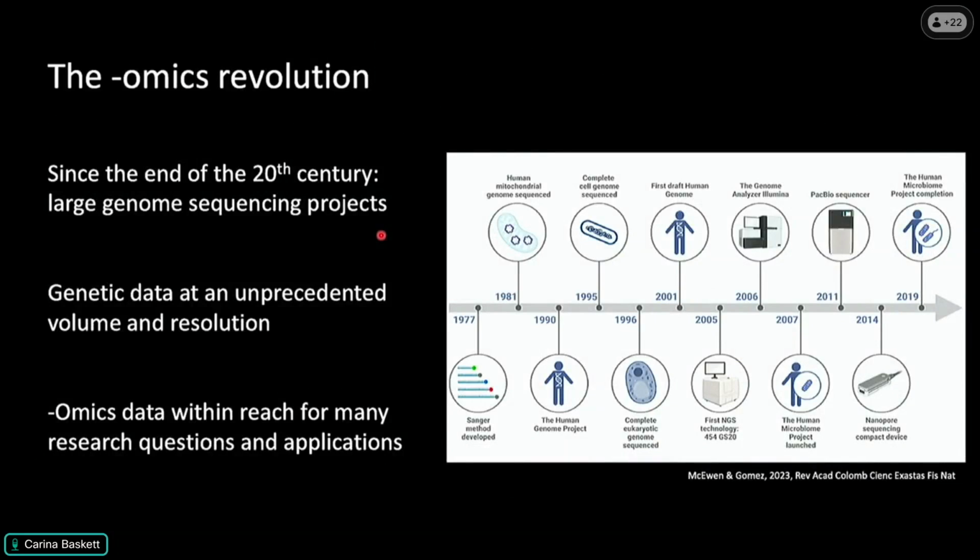Since the end of the 20th century, large genome sequencing projects have been possible, and this has given us an unprecedented volume and resolution of genetic data. Because of this, and also because the costs have dropped considerably in recent years, omics data is now within reach for many different research questions, but also for applications.